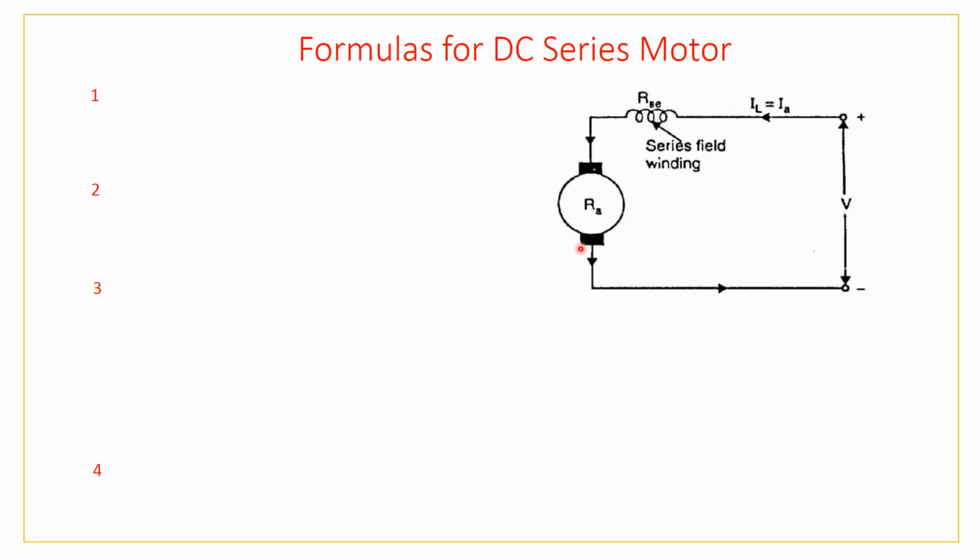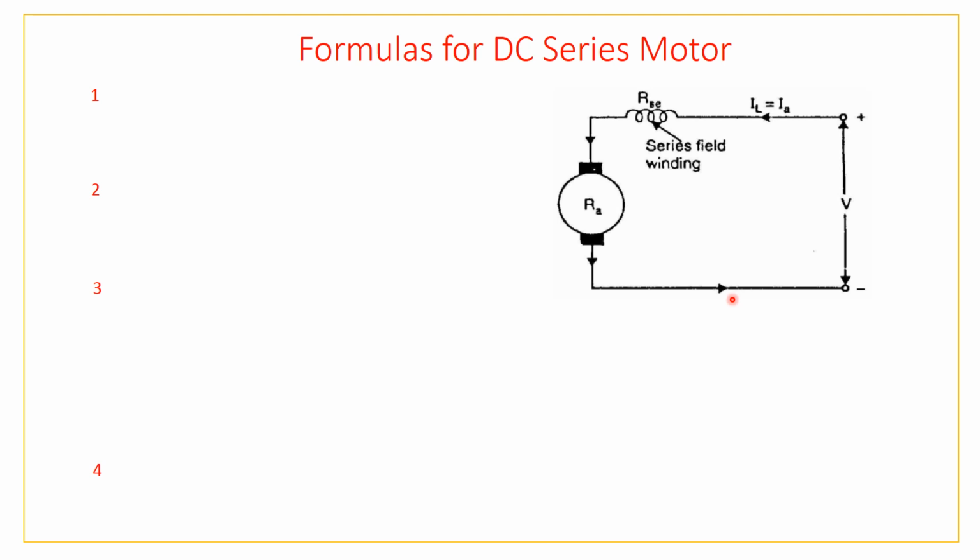So here we can see that the voltage is applied across the motor. So whatever the load current drawn will flow through the series winding, as well as the same current will flow through the armature. Therefore, in series motor, the load current is equal to armature current, whereas in shunt motor there was necessity to find ISH first.